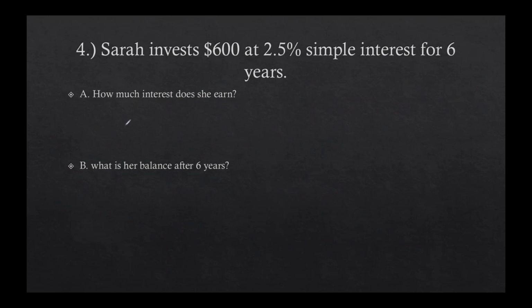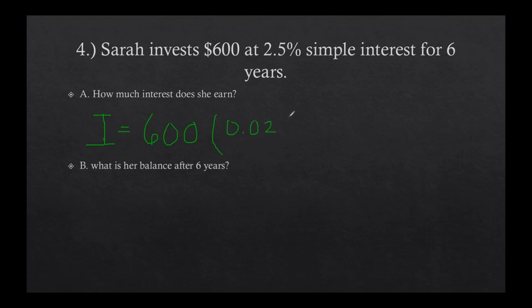Okay, so interest equals, how much is our principal? 600, because that's how much she's investing initially. Then we go to our rate. What is my interest rate? Okay, Julie, you are correct. It is 2.5%. We're going to take that 2.5%, and then as Vanessa did, we're going to change that to a decimal.